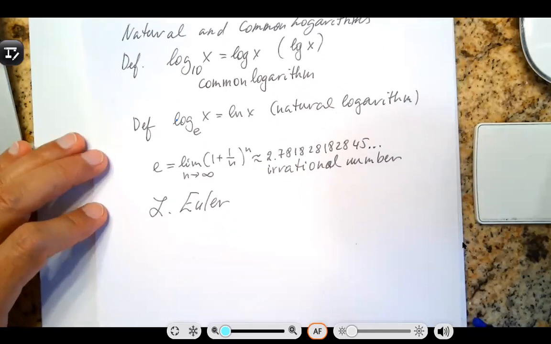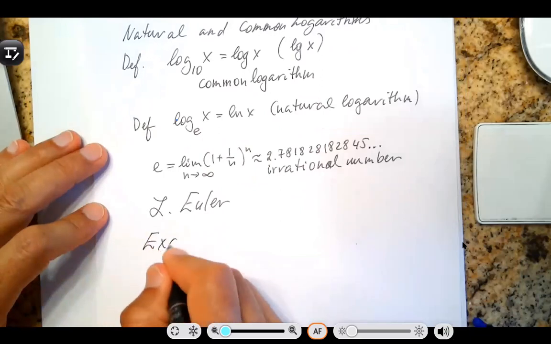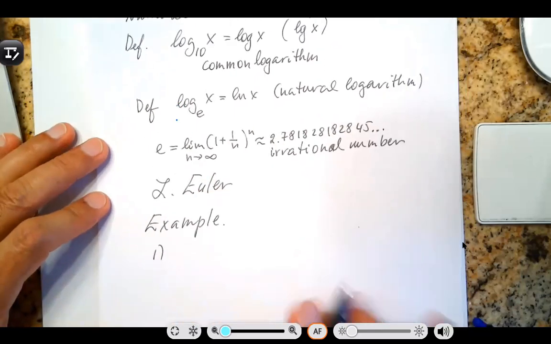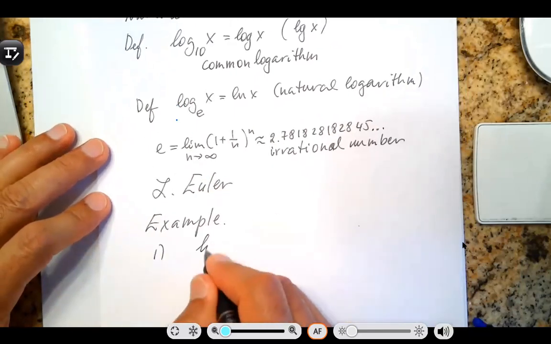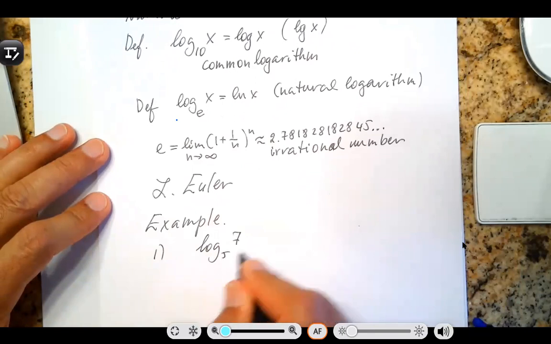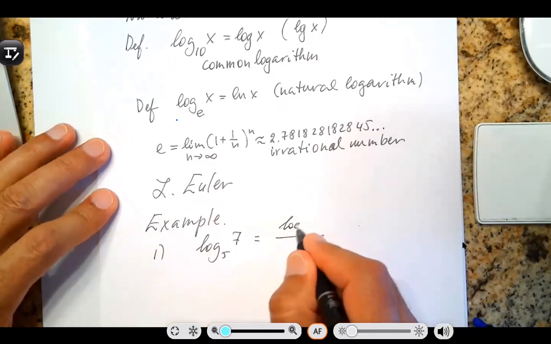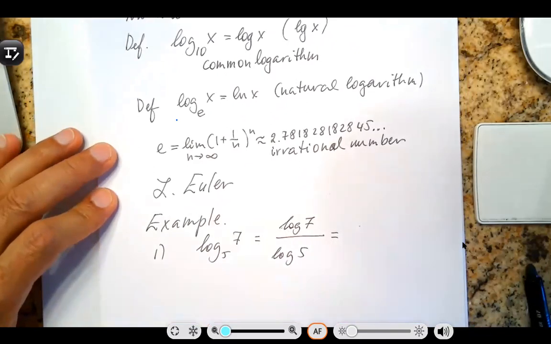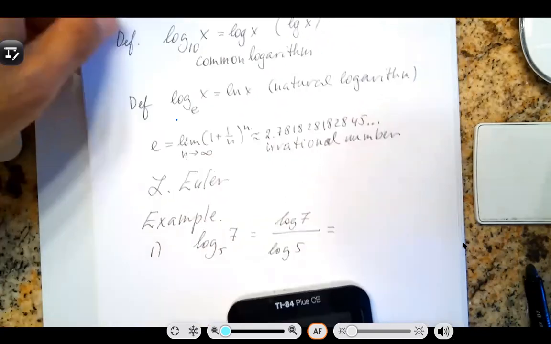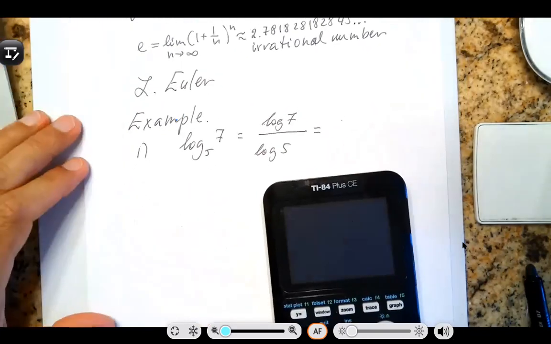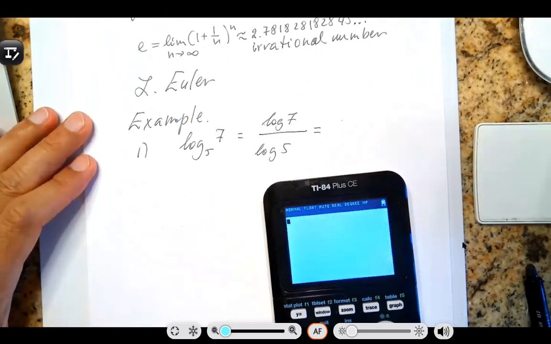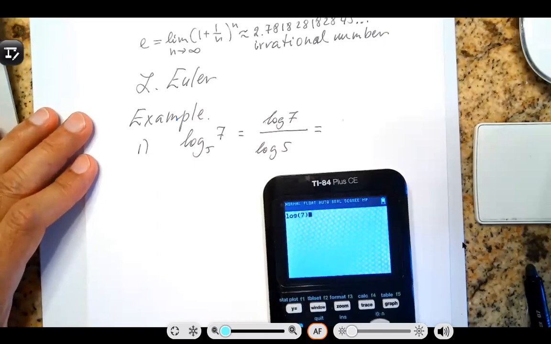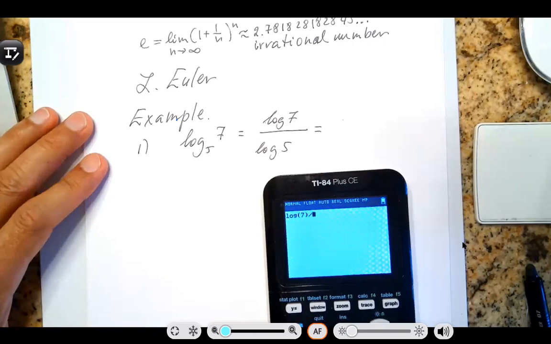So now we can calculate any logarithms by moving to base 10 or base e. Let's say logarithm 7 base 5. So you take log of 7 over log of 5. Let me tell you what it is. I'll use a calculator. Here it is, log of 7 divided by log 5. I have a log key here.